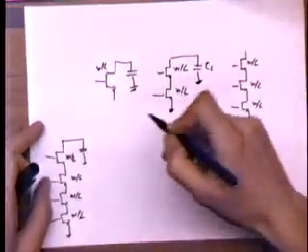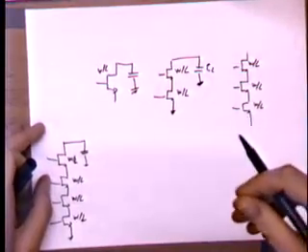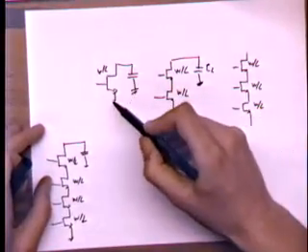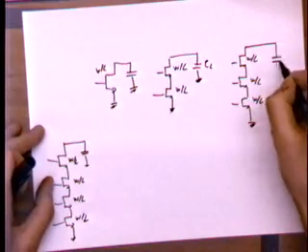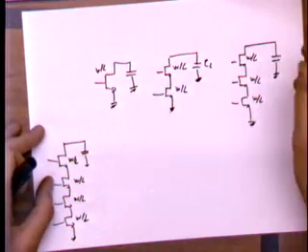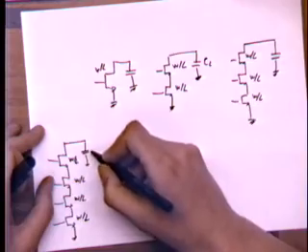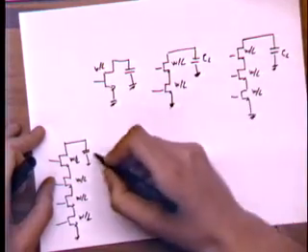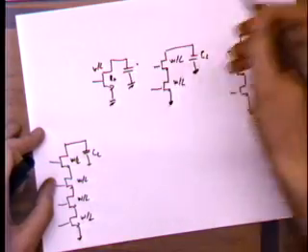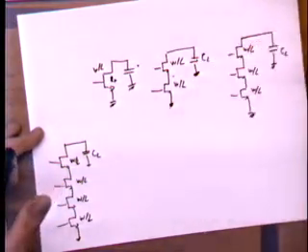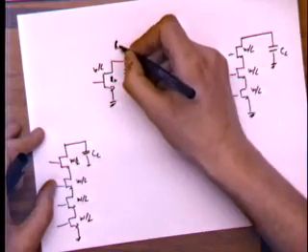Okay, so from the analysis that we have done so far, if I was to plot the delay now, the high to low delay of these networks in the worst case, as a function of the number of inputs, the first one would have Rn times CL, right? The second one would have 2Rn times CL.